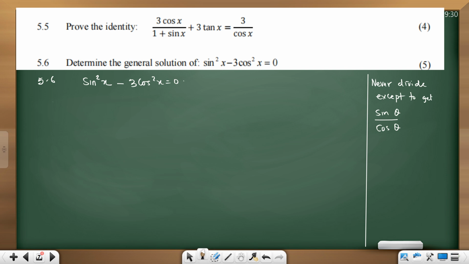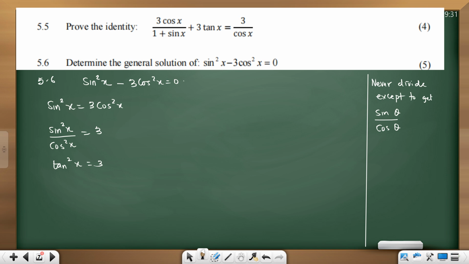So I'm going to move my 3 cos squared x to the right hand side. Now divide both sides by cos squared x. Do you see that? And that is tan squared x equals 3.